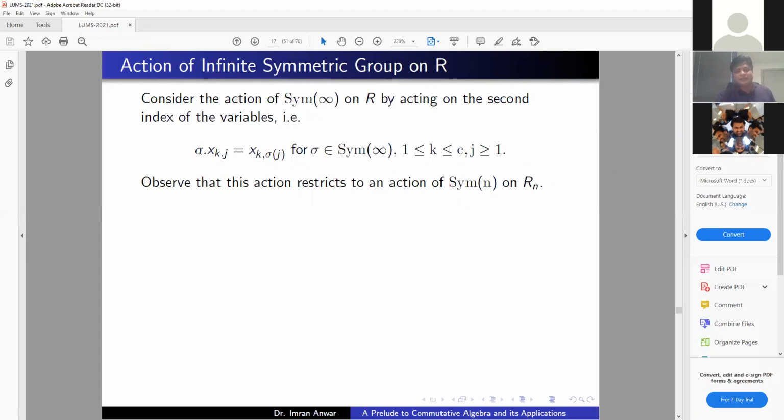That means if there is a permutation sigma coming from Sym infinity, it acts on a variable x_kj by simply acting on the second index: x_kj goes to x_k,sigma(j). It leaves the first index as it is and acts on the second one, for sigma belonging to Sym infinity. Are there some questions?